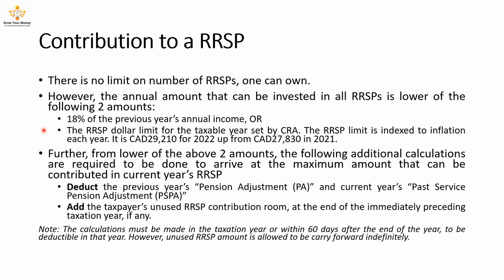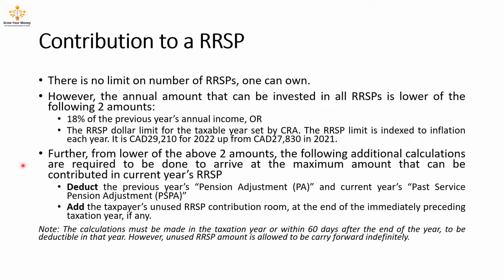The RRSP limit is indexed to inflation each year. It is CAD 29,210 for the 2022 year, up from CAD 27,830 in the 2021 year.